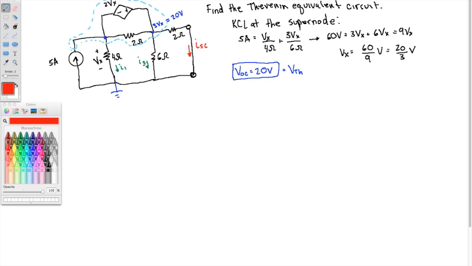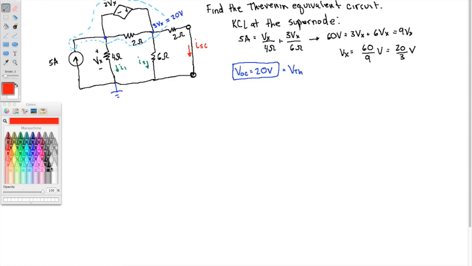All right, so this is not too bad, because we've already done most of the legwork here for the KCL at the supernode. The only thing that changes now that there's a short there is there's another current that leaves. That's ISC.